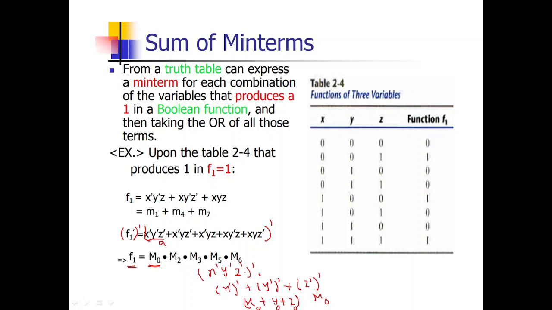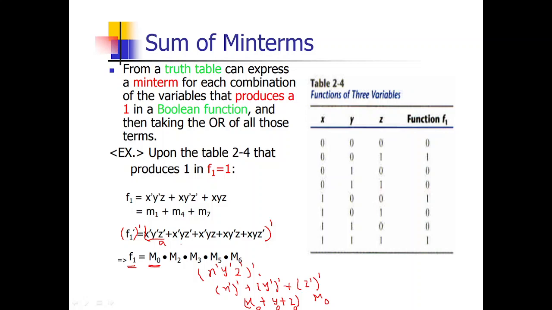We have to apply De Morgan's law. By applying De Morgan's law, this product term becomes a sum term. That is, the min term becomes the max term, since we are taking the complement. We have discussed that the complement of a max term is a min term, and the complement of a min term is a max term.